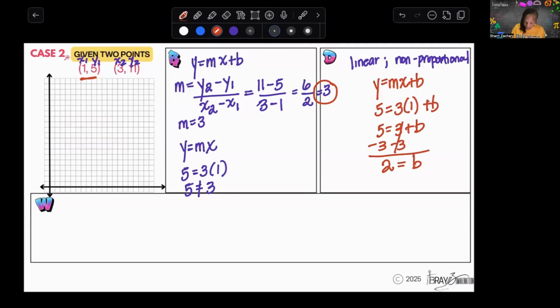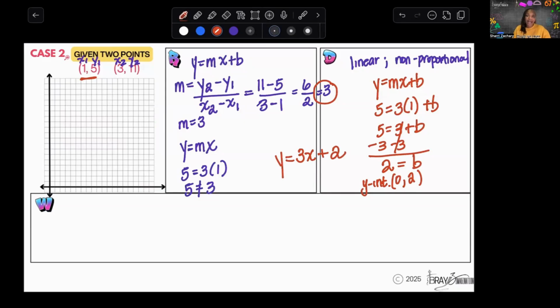So the point that represents that would be 0, 2 is my y-intercept. Okay, so to write my equation then would be y is equal to my slope of 3, x plus 2. And now I can graph that equation, okay?